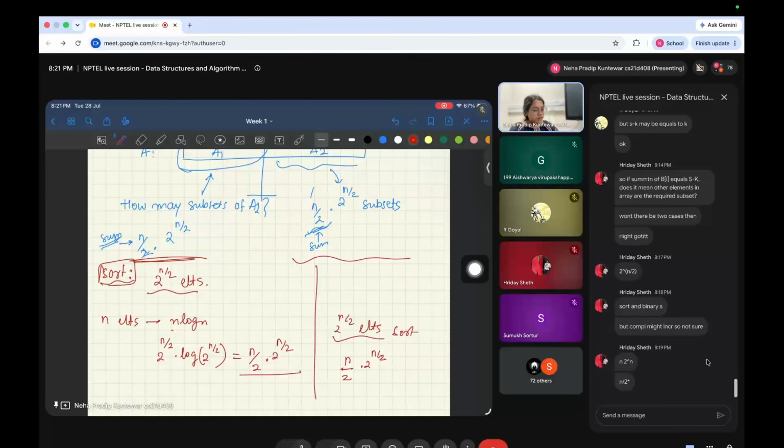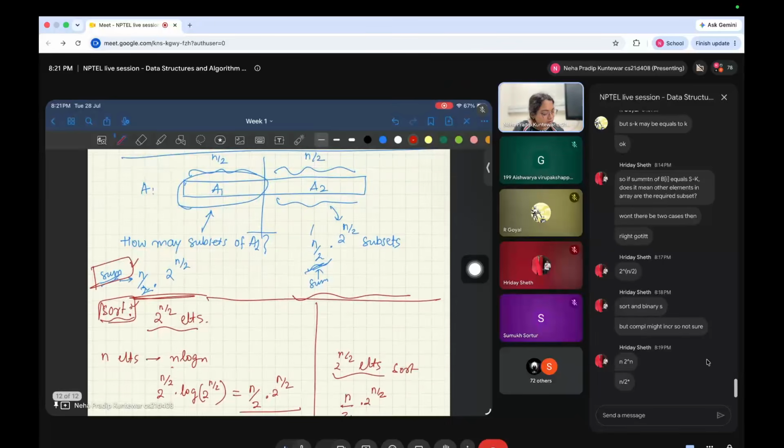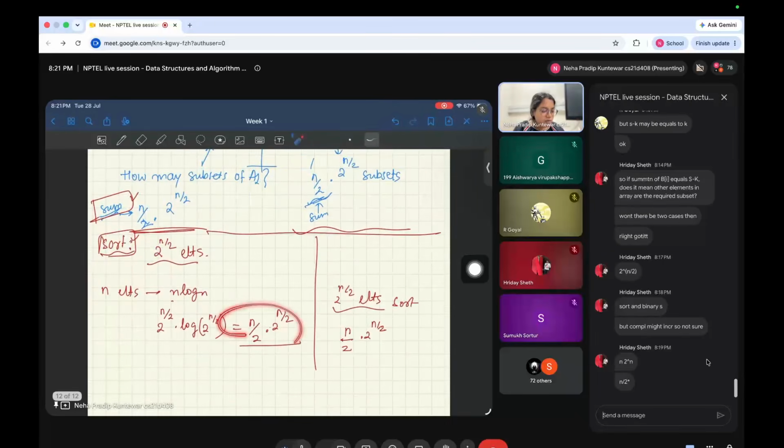Okay, so we did sorting, that incurred us some time. So now what can you do with this? You have this information available to you. What can you do to check whether there's a subset in the original set whose sum is equal to k?